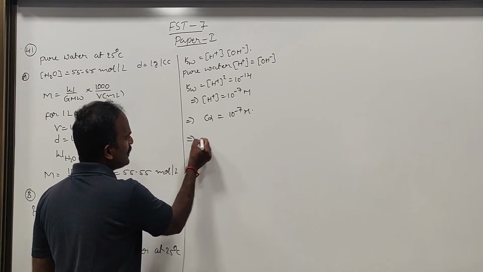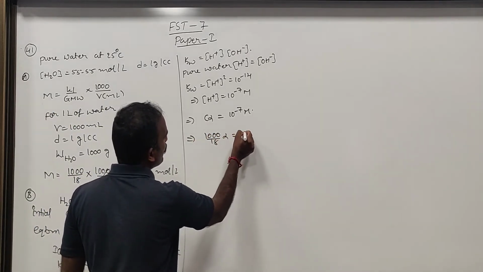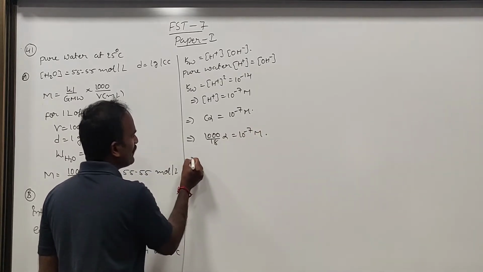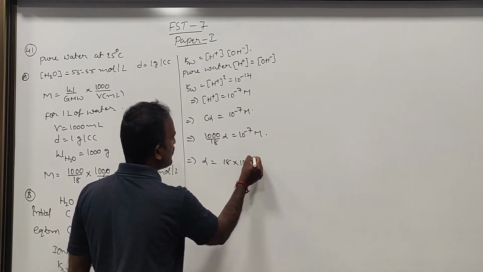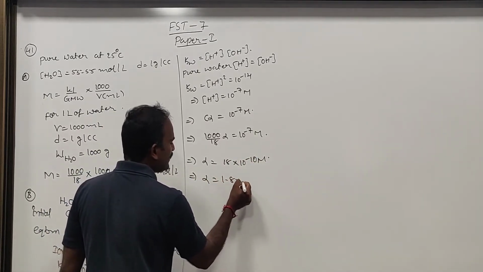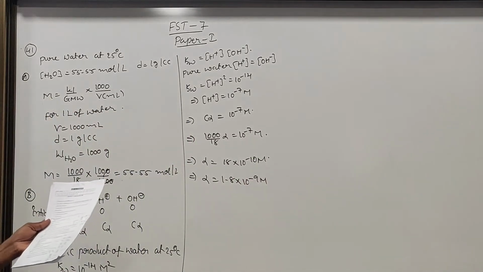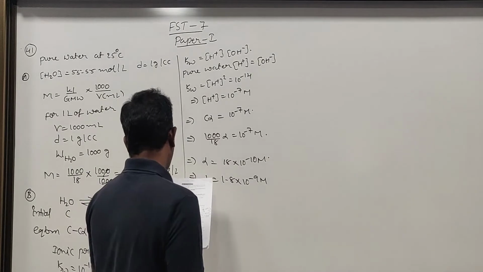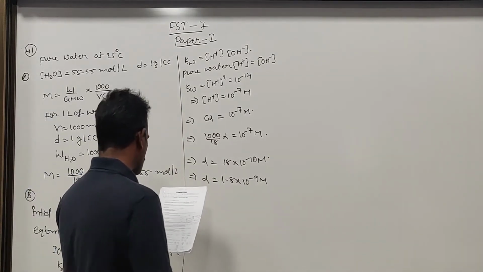As we know that C alpha is equal to 10 power minus 7 molar, and concentration C is equal to 1000 divided by 18, into alpha, that is equal to 10 power minus 7 molar. Which implies that alpha is equal to 18 into 10 power minus 10, which implies that alpha is equal to 1.8 into 10 power minus 9. Therefore, the degree of dissociation alpha is equal to 1.8 into 10 power minus 9, which is true.